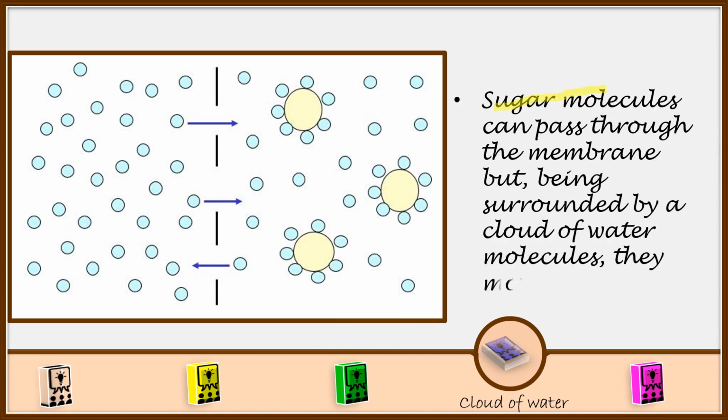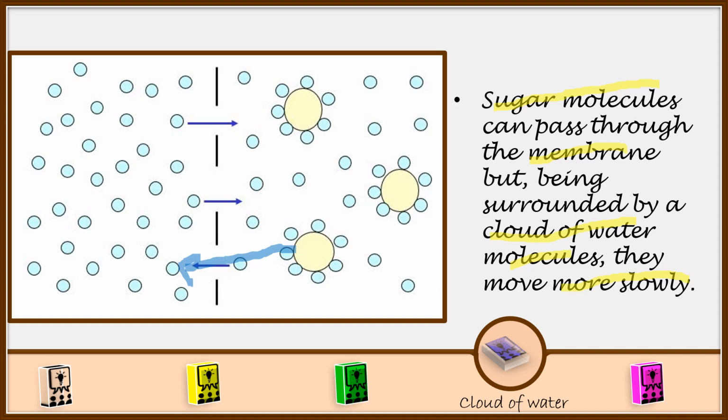Sugar molecules can pass through the membrane, but being surrounded by a cloud of water molecules, they move more slowly. So these sugar molecules can go across.